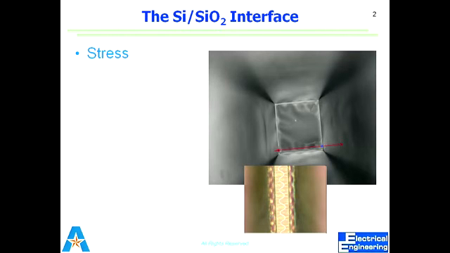When you let the wafer cool down from such a high temperature, due to the difference in the TCE, that is thermal coefficient of expansion, the thermal coefficient of expansion of silicon is much different from silicon dioxide. Silicon dioxide is 5 times higher than that of silicon.